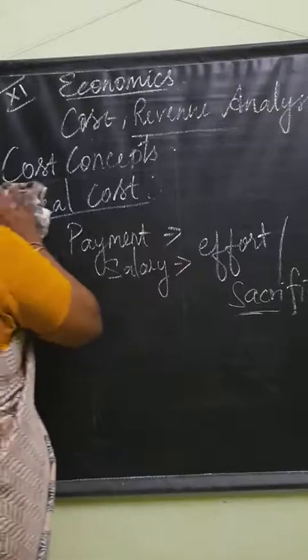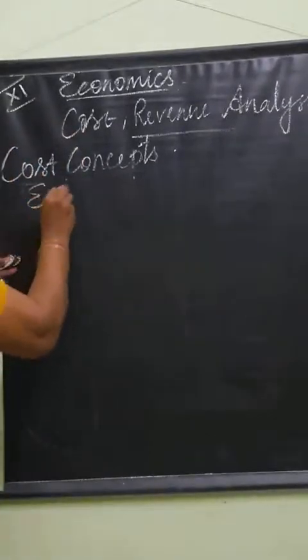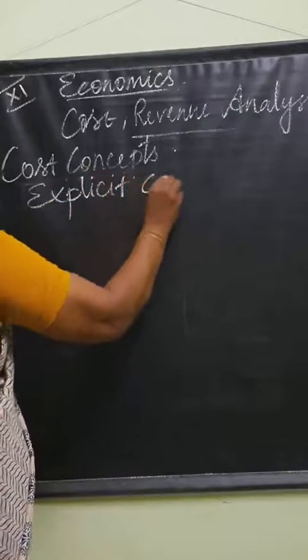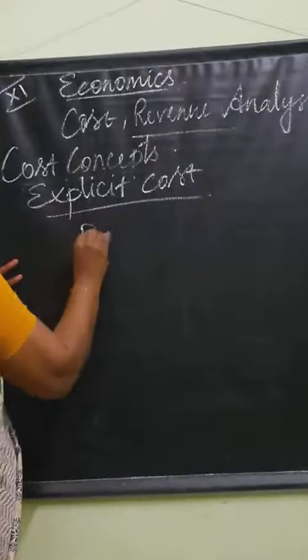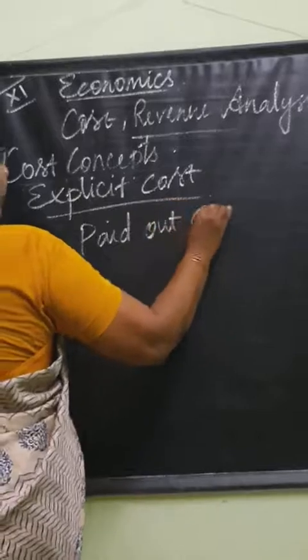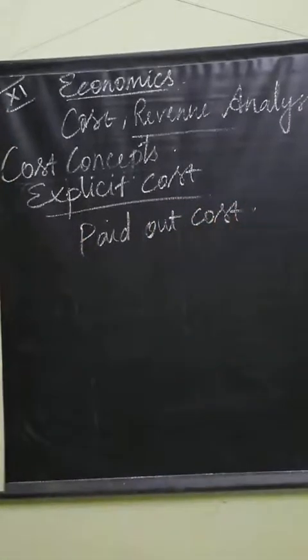And explicit cost, I already told in the money cost. Explicit cost is the cost out of pocket, also called paid out cost. It is the amount which is spent out of our pockets.